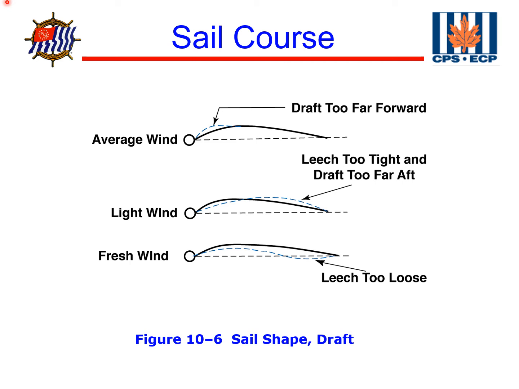So let's take a look at our first scenario, the average wind. And what we want to do there is try and figure out how do we position that draft where it gives us the power that we want. When we're speaking average wind, we're thinking of the wind in the 8 to 12 knot range.